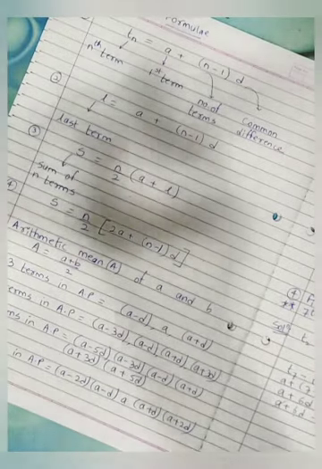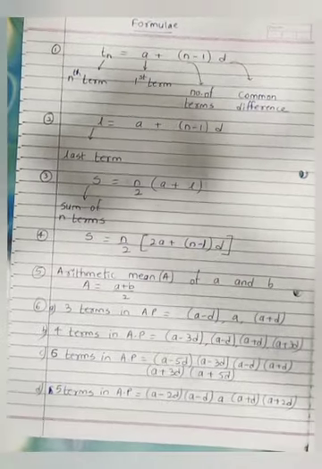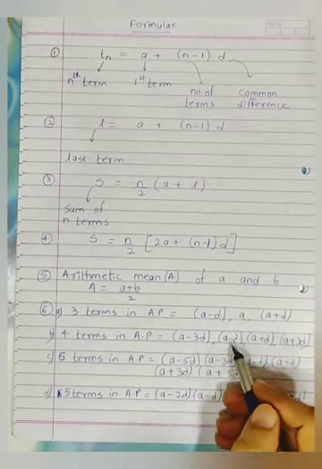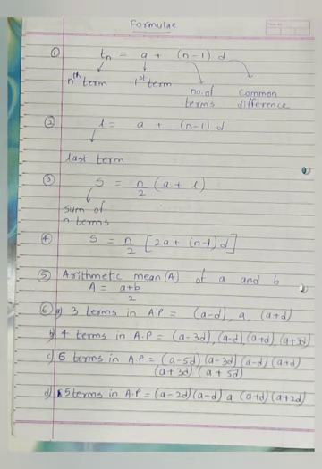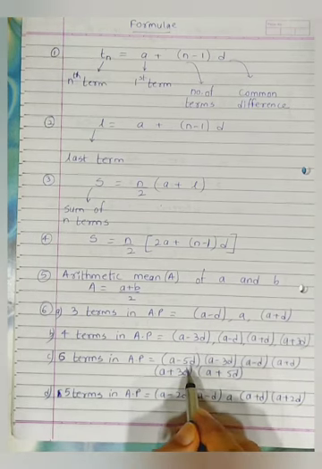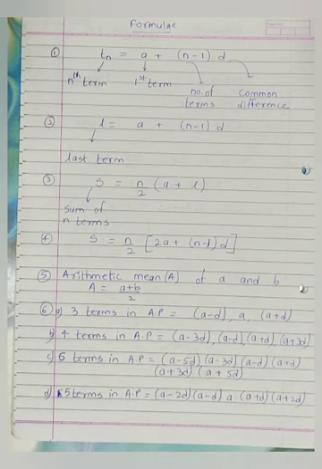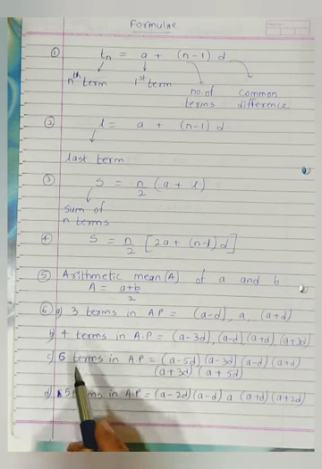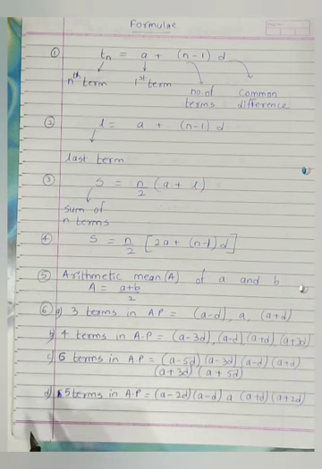Keep increasing every number by 2d, and you'll keep going to the next term. Here also you will see, if you keep increasing every term by 2d, you'll keep getting the next term. Okay, so by mistake I changed the order. 3 terms, 4 terms, 6 terms and 5 terms.